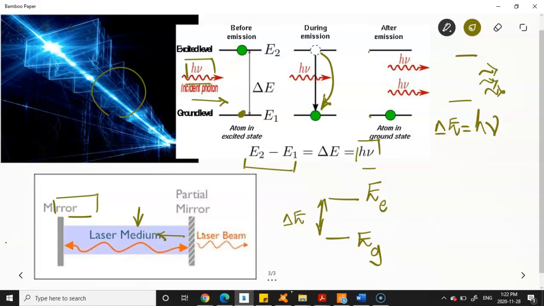These three photons again get reflected back from this mirror and go back to the same excited medium. The same cycle of excitation and relaxation happens, and again, from three photons, you may end up with 6 photons. And that's what they call amplification.